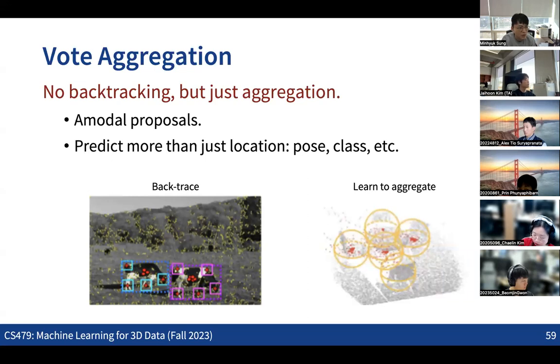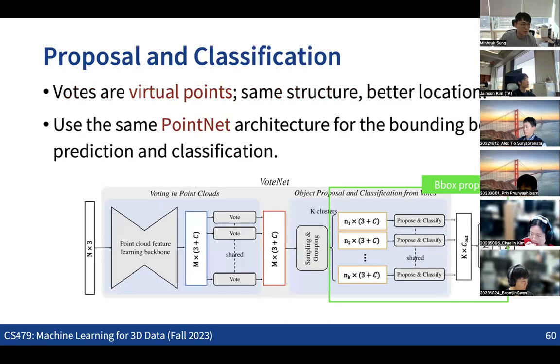So once we have some seed points and aggregate all the local votes, the next step is proposing the bounding boxes and also the classification scores. And the thing is that all the votes in this case are also 3D points.